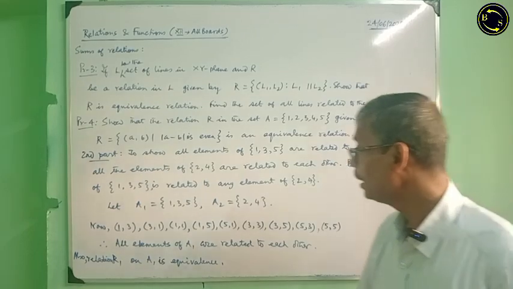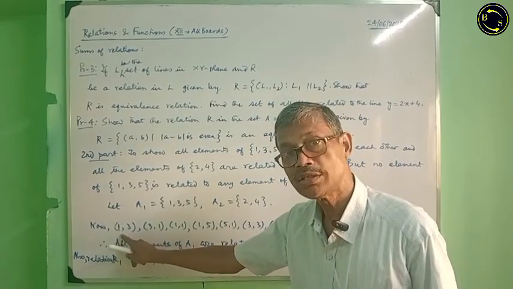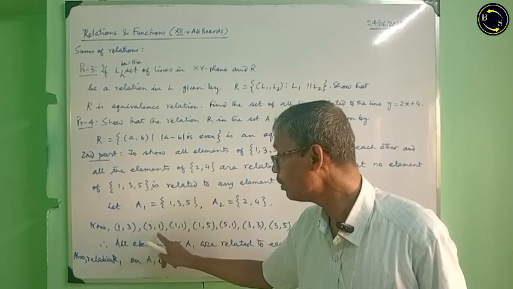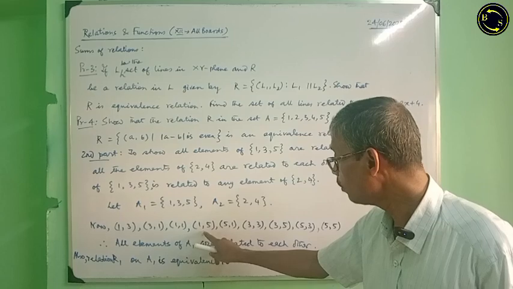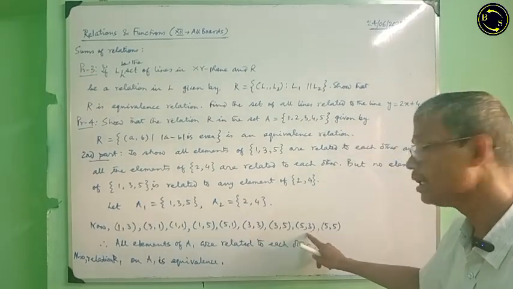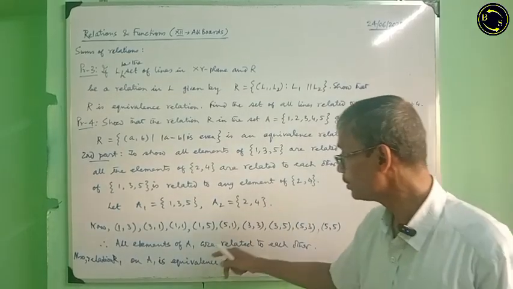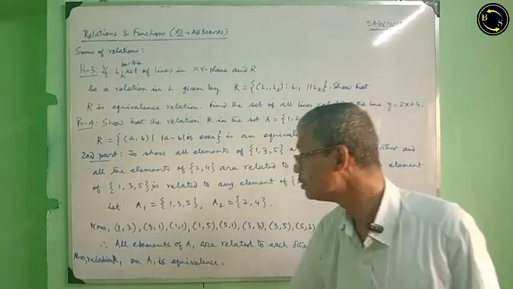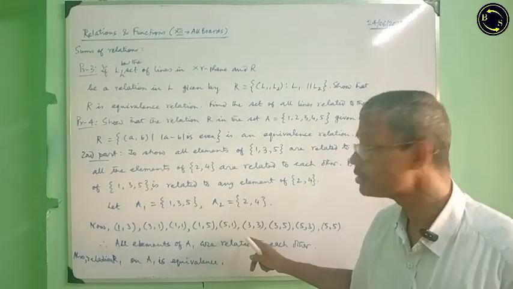Then AB, if I say this is AB, then BA is present: in case 1, 5, 5, 1, in case 3, 5, 5, 3, all are present in the relation R1. That means R1 is symmetric in that case.